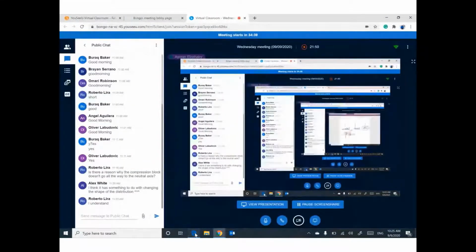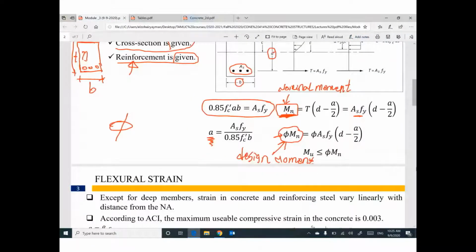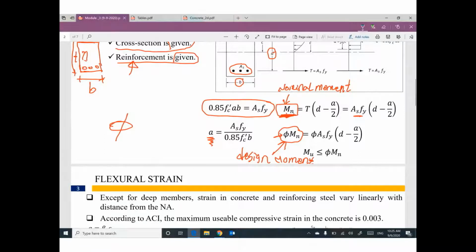Let me continue. Okay, I understand all of this stuff. One of the problems in our homework is how to calculate Mn, the nominal moment. So can you tell me more about phi, the reduction factor? How can I multiply this moment by phi?